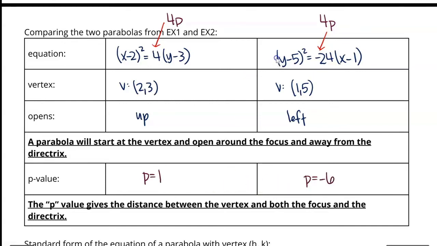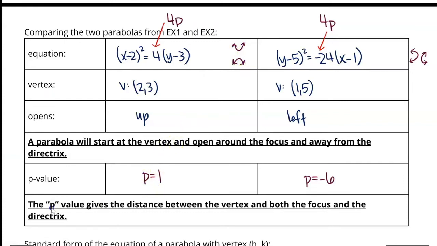So we know that if it's a y squared, it's a parabola that's going to open to the left or to the right. If your p-value is negative, it opens to the left. If your p-value is positive, it opens to the right. Okay. If it's a parabola that has its x squared, these are the ones that we've been doing for years, right? It's either going to open up or it's going to open down. And based on your p-value, that will tell you which one it is.